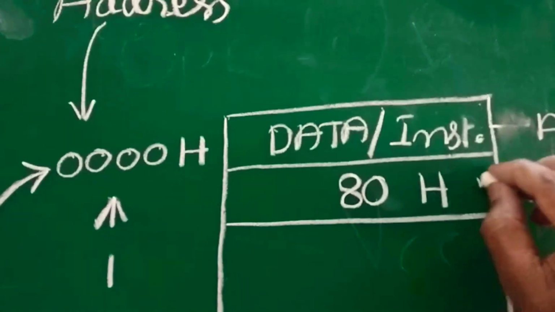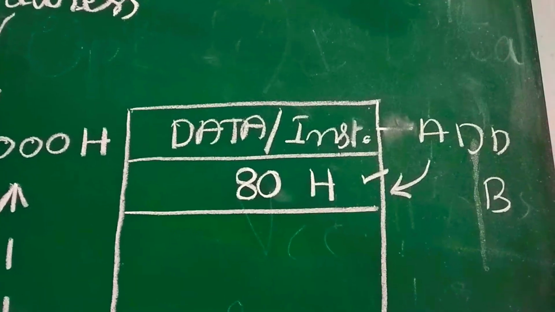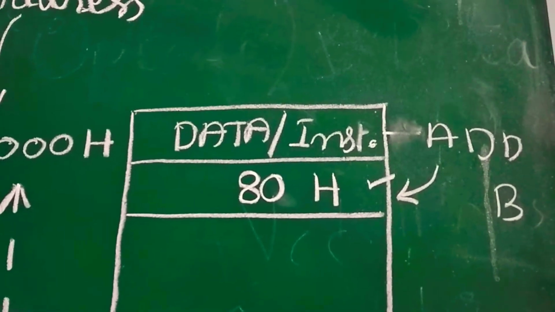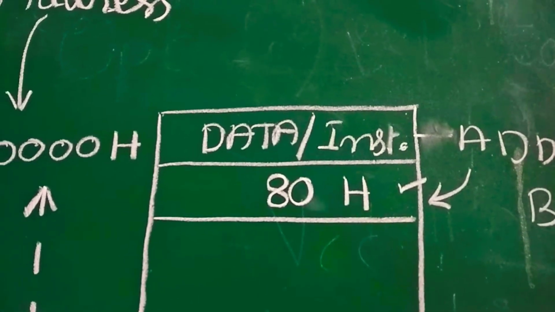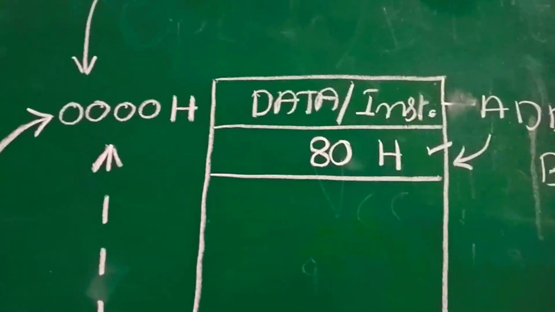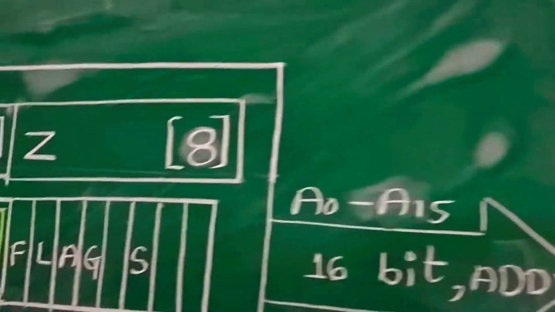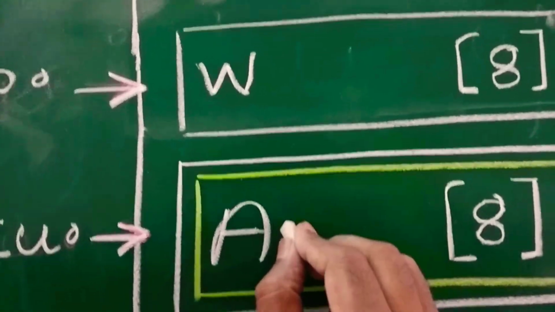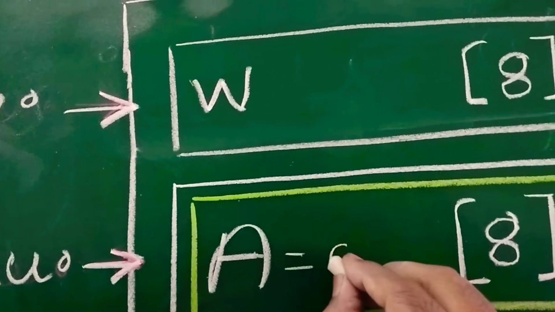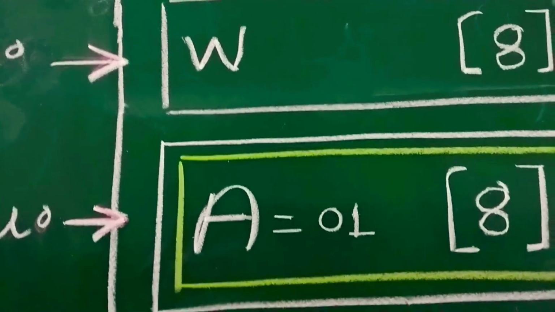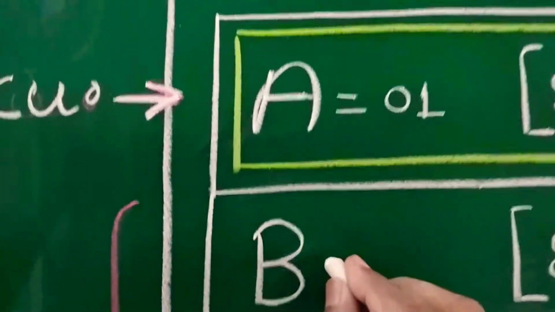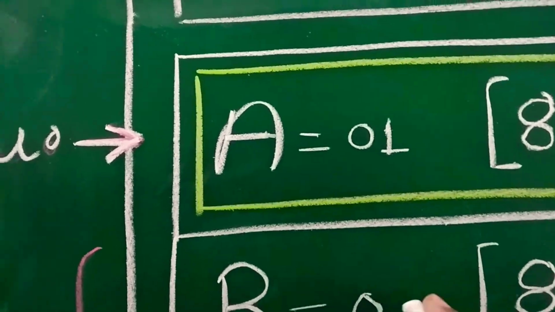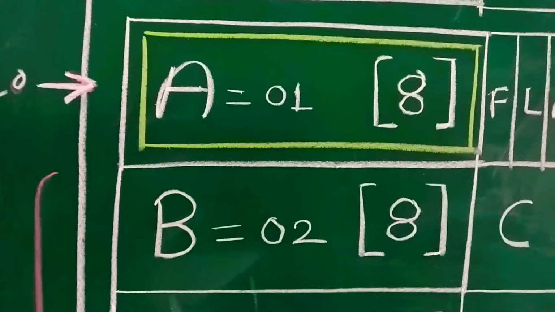If this instruction is executed, the content of accumulator and register B will be added and the result will be stored in the accumulator. Say for example, as we have elaborated, let the content of A be 01 and the content of B be 02.